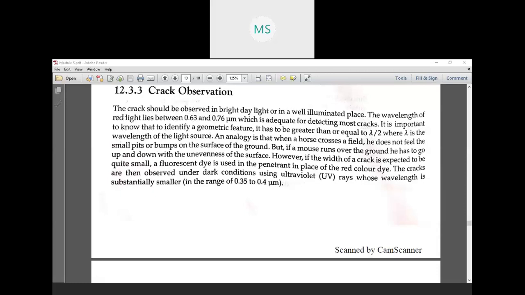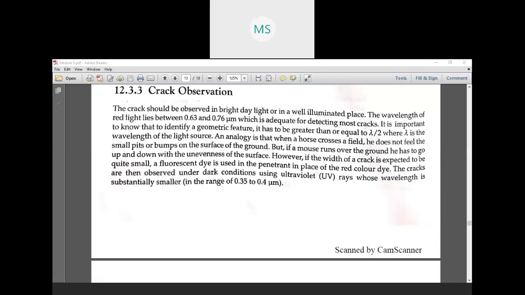The wavelength of red light lies between 0.63 and 0.76 micrometer, which is adequate for detecting most cracks. To identify a geometric feature, it has to be greater than or equal to lambda by 2, where lambda is the wavelength of the light source.